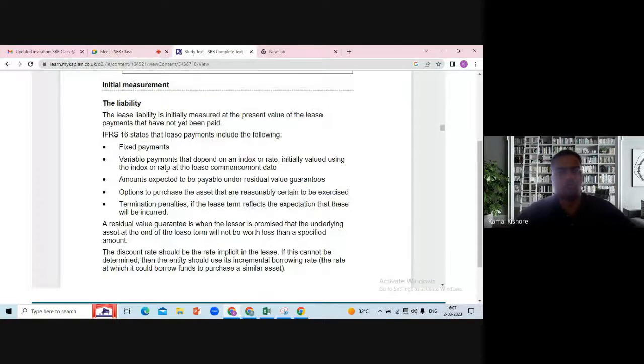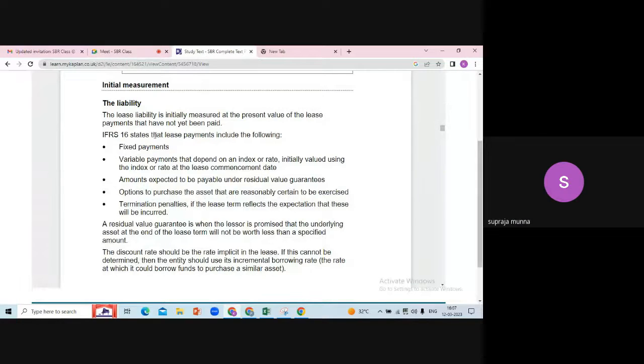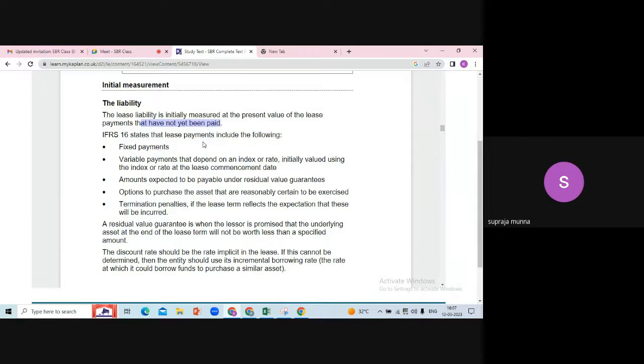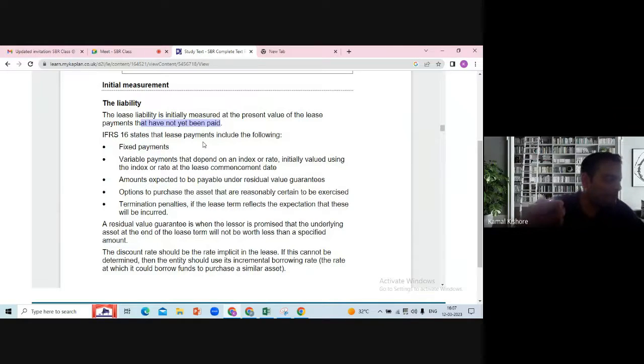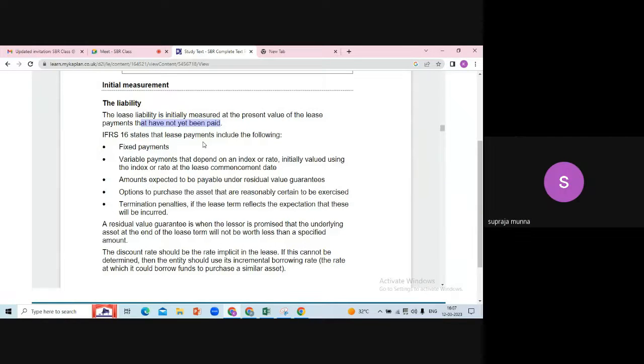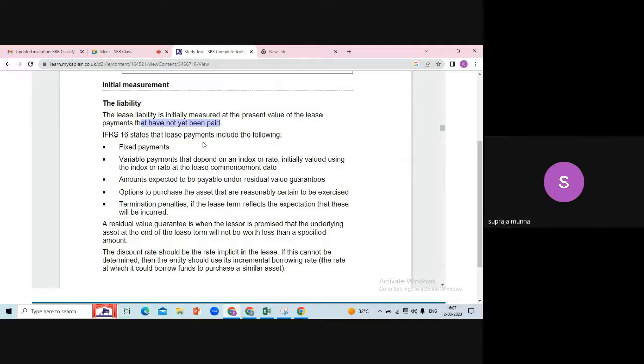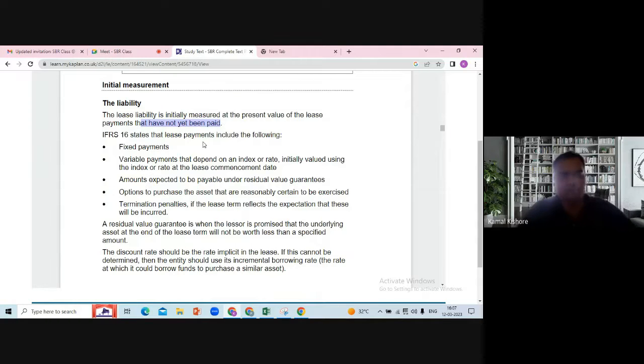Liability is measured at the present value of the lease payments that have not yet been paid. That means you can pay in advance also, right? Practically, if I'm entering into an arrangement, I will have to pay something. That cannot be liability because I've already paid. Whatever I get to pay, present value of that.